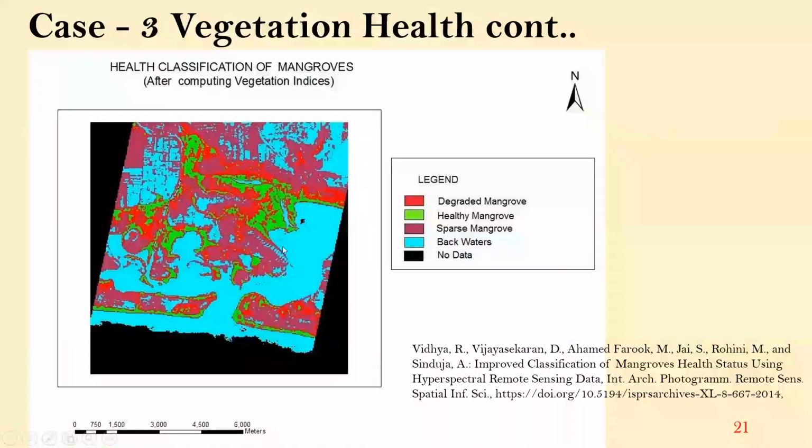Based on the machine learning algorithm, we have classified the reserve forest area into degraded mangrove, healthy sparse mangroves and backwaters. So with this hyperspectral data, we could map the health condition of vegetation too.